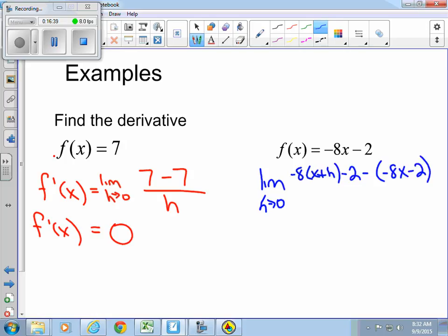I am going a little bit faster through these f of x plus h things. You've already been tested over it once.